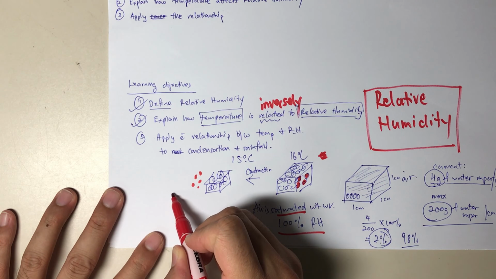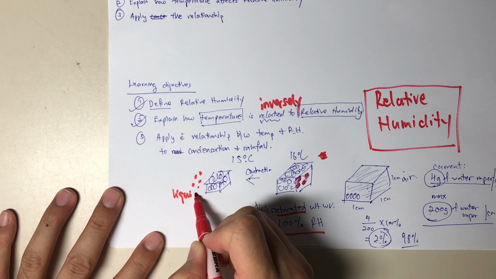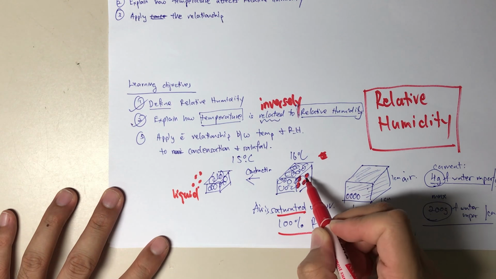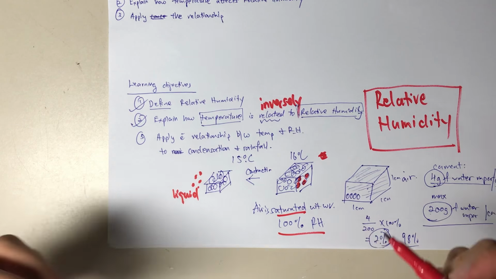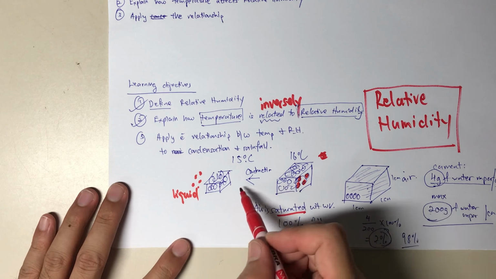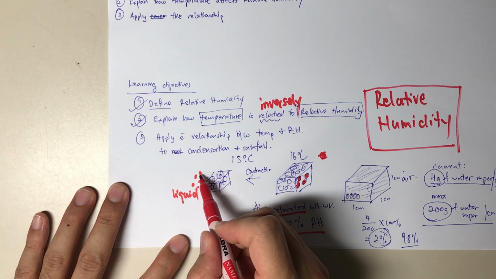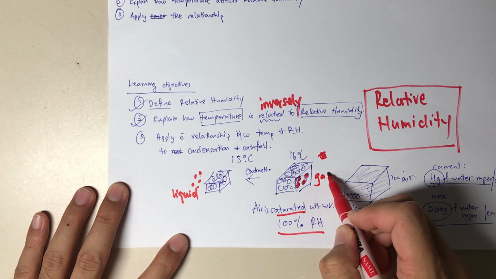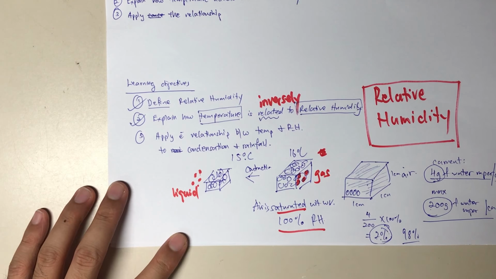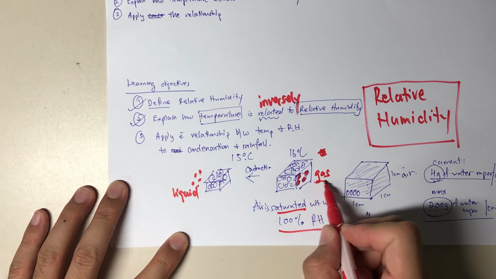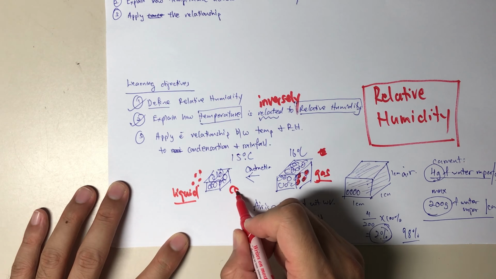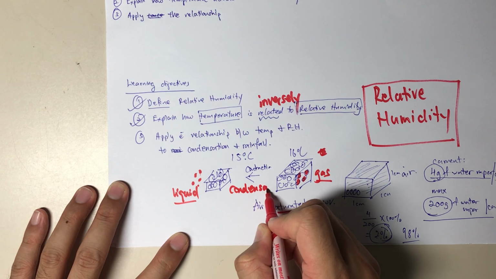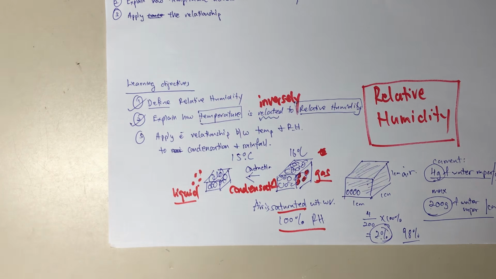It is liquid water. That means these few molecules previously held in air can no longer remain as gas. It has to exit the air and become liquid. So over here it is gas form, over here it is liquid form. And from primary school science, you already know, from gas to liquid, the process is called condensation.